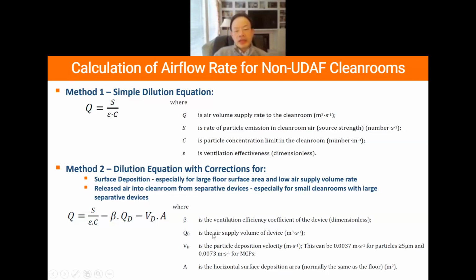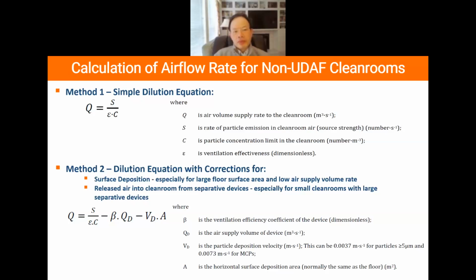And QD is the supply volume inside the device. You have a supply air in, but they release this amount of air back into the clean room. So some corrections need to be made to the simple dilution equation.